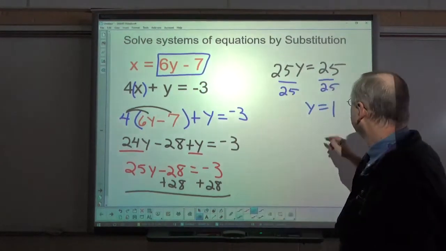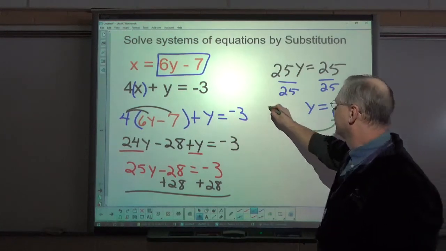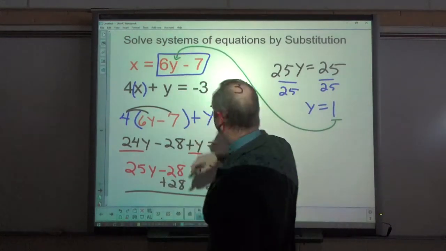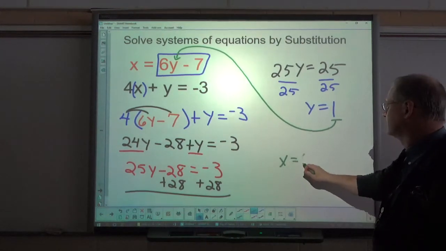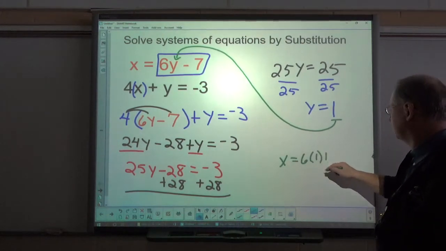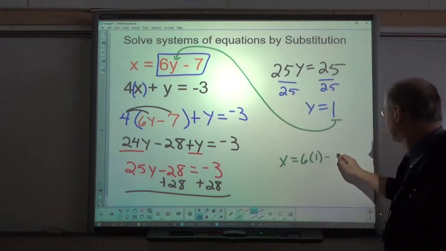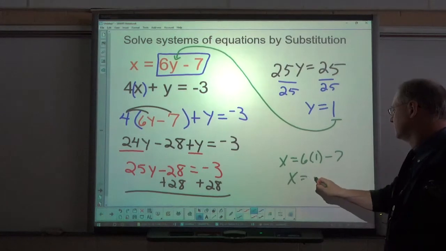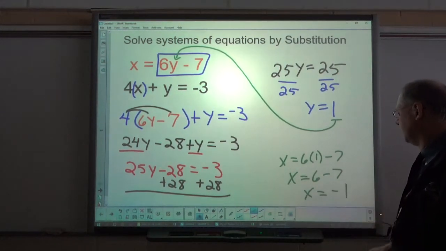Once you know what y equals, or one of the variables, you're going to take that, put it back in, and solve for x. So x equals 6 times 1 minus, not plus, minus 7. 6 minus 7, x is negative 1.